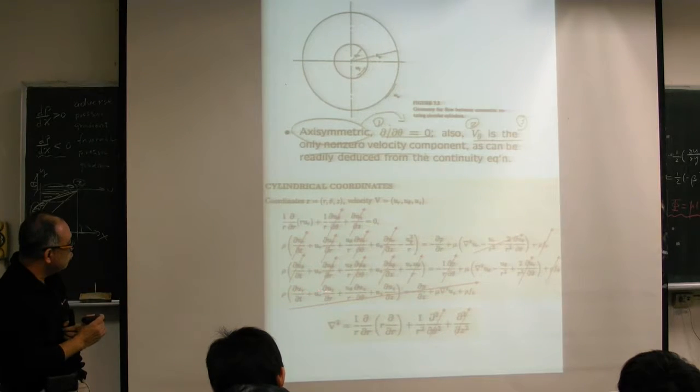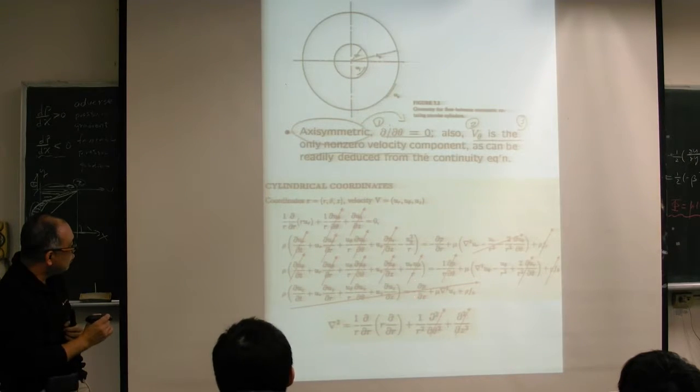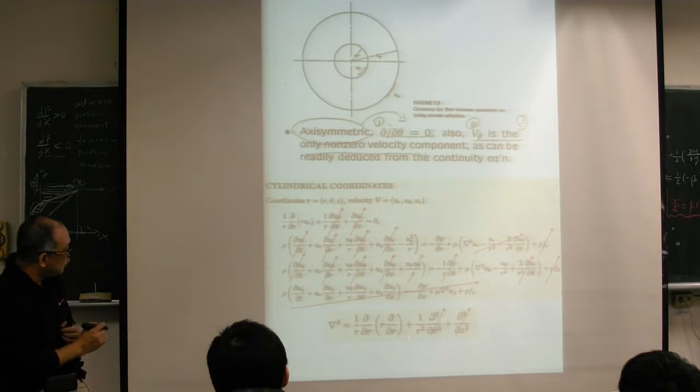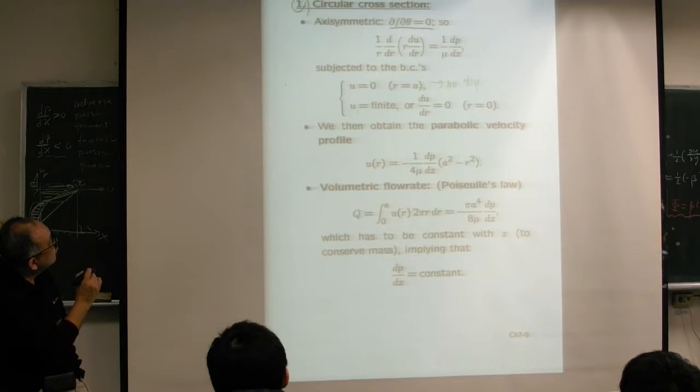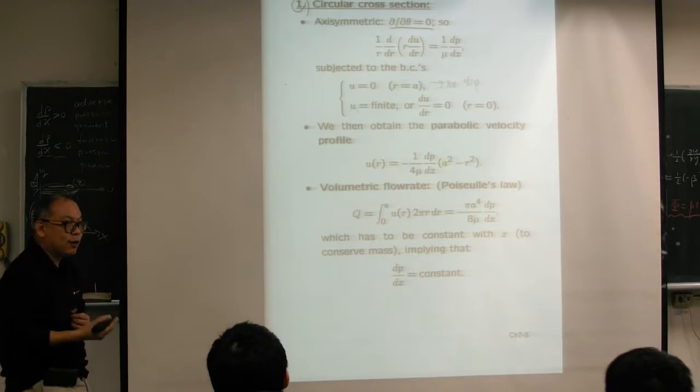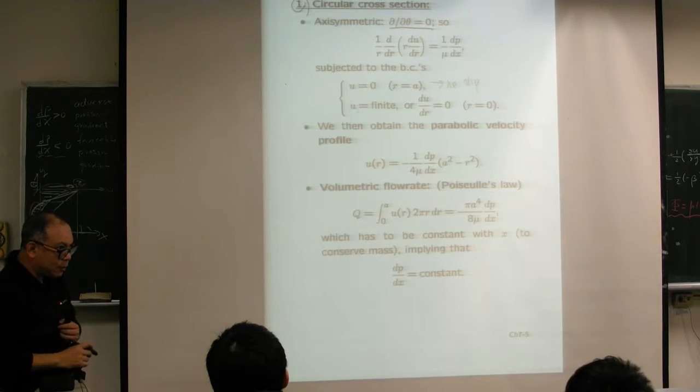So this is our u. We don't have any ur and we don't have any u theta. So the only term left is partial p partial z, which becomes partial x, equal to plus mu Laplace u. Laplace u will use this, right? We give you this, so try to do that with a little practice.